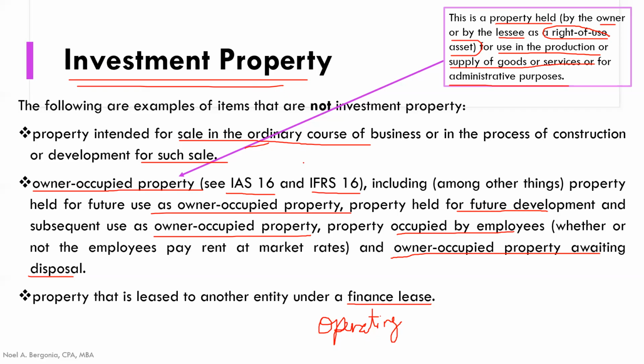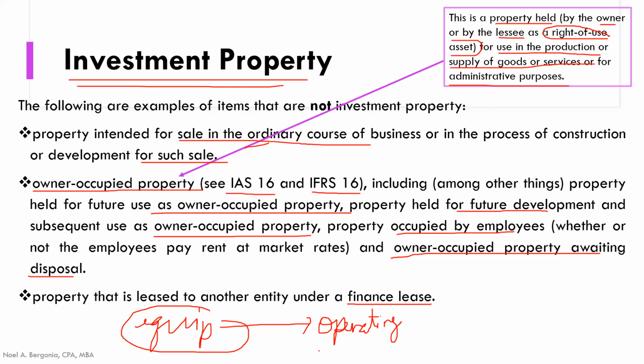Baka kasi bigla kayong maguluhan na sabihin sa problem, ay, equipment. Tapos operating lease. O ayun, matik po yun. Hindi siya part ng investment property since it is an equipment. Okay? So I hope that that is clear. So again, if you do have questions, please let me know lang po on our respective chat boxes.